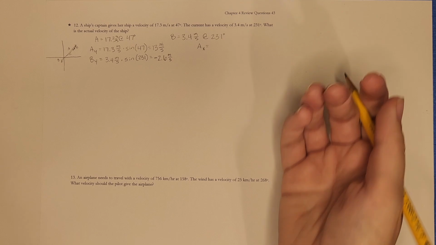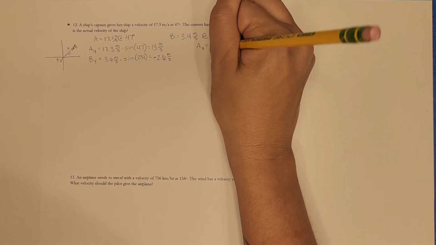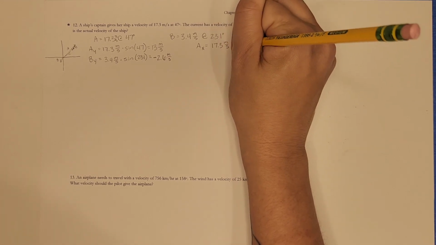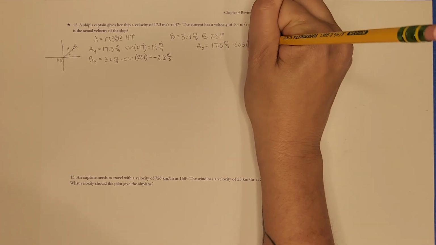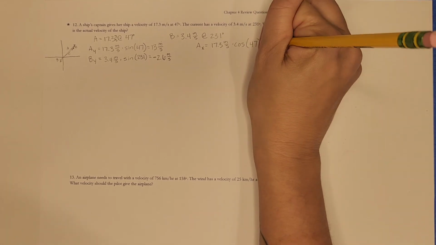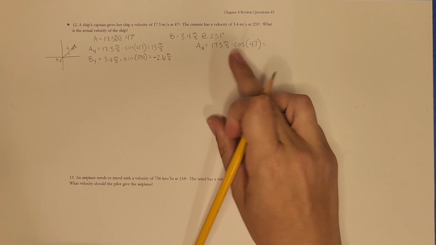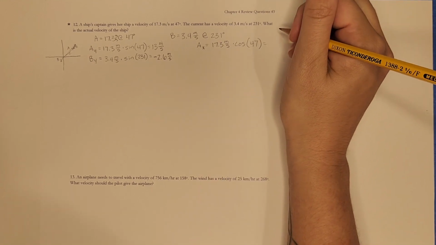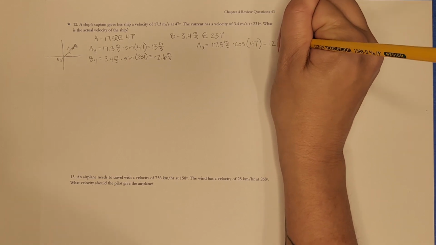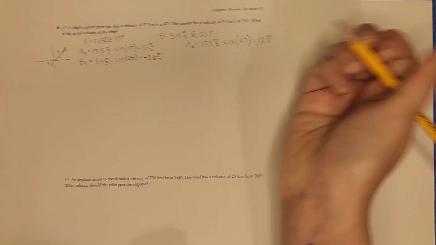Now let's do my X's. Here I'm using equation 4.2: 17.3 meters per second times the cosine of my angle 47. Again, two significant figures, and so for this I get 12 meters per second.